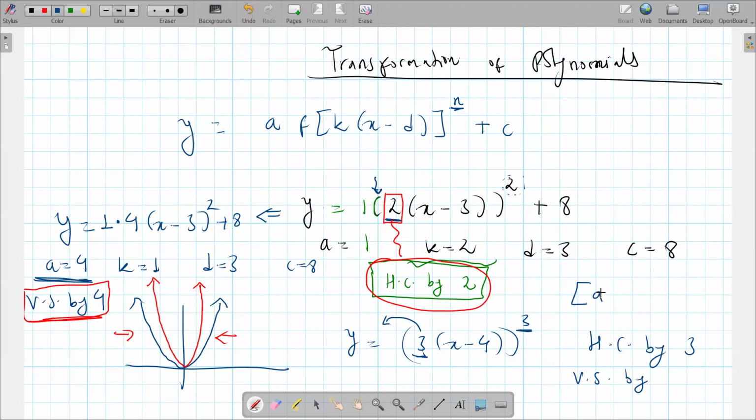Look at this. (ab) to the power of 3 means a cubed, b cubed. Same idea here. To pull this out of the power, just do 3 cubed. So what is horizontal compression by a factor of 3 equivalent to? Perfect. So these two are the same transformations for a cubic function.